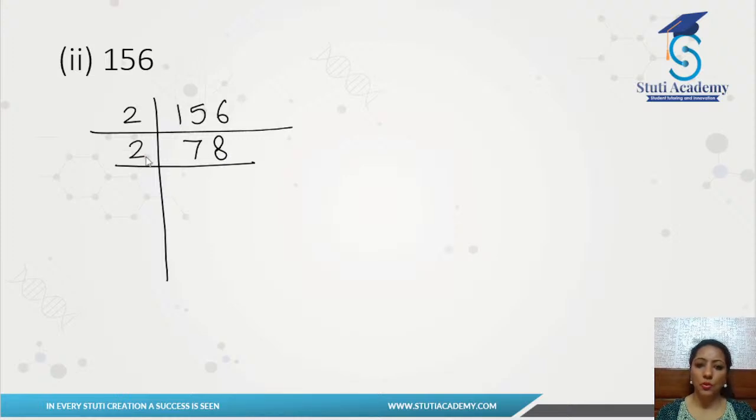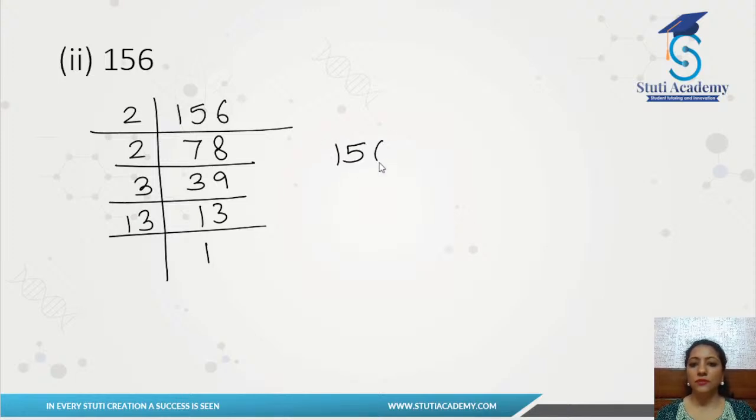We'll write here 2. And then we'll get 39. Now 39 will go by 3. We'll get 13 here. And finally 13 being a prime number will be divided by itself. So finally 156 we can write as 2 into 2 into 3 into 13. So we have expressed 156 as a product of prime numbers.